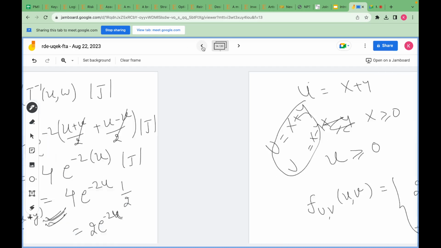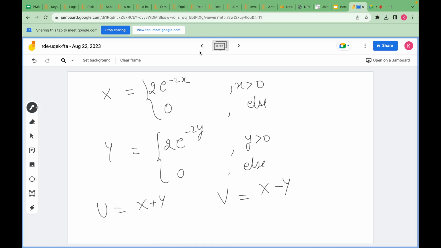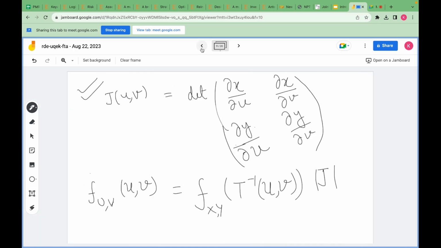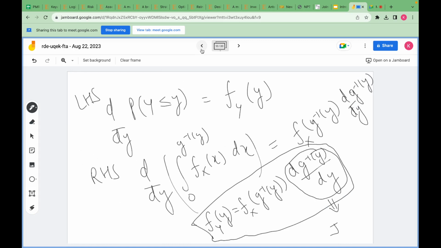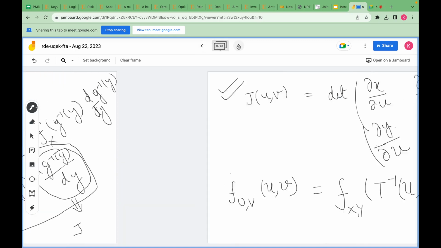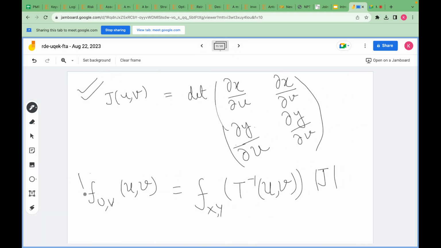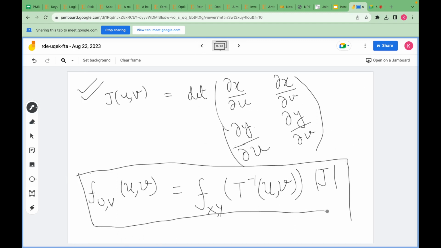So by using this formula, the proof is not important, but how we use it is important. So you can stick to this formula. So this is important.